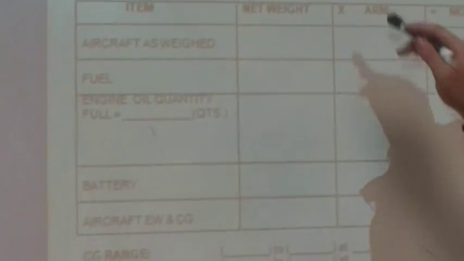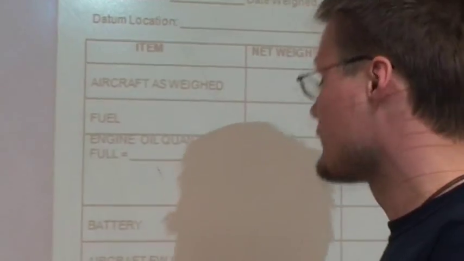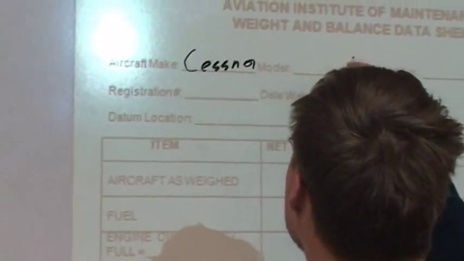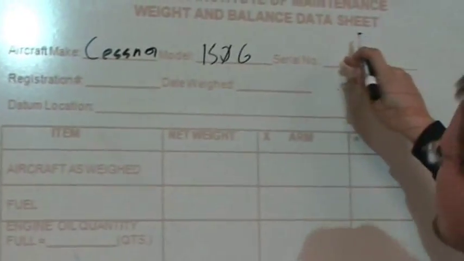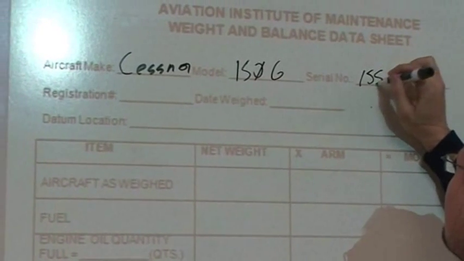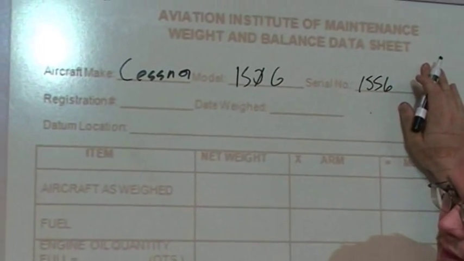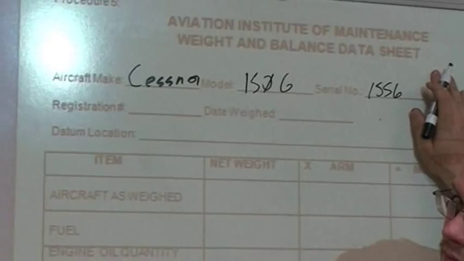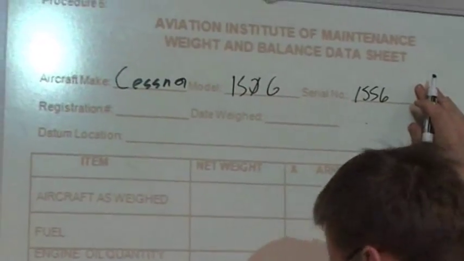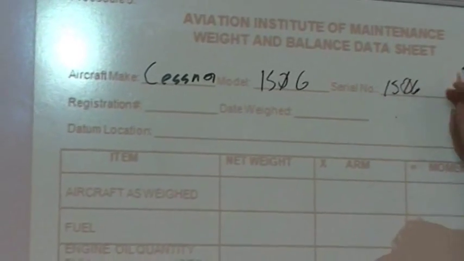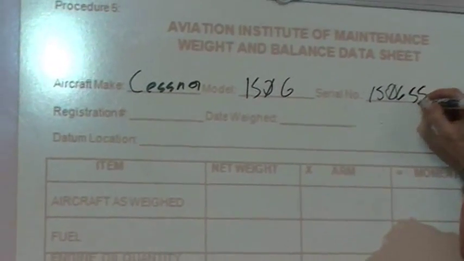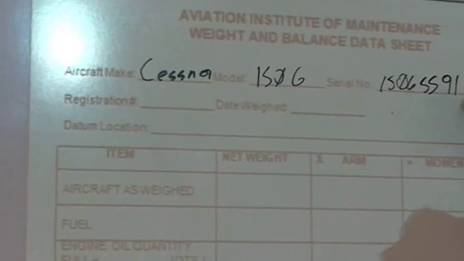Alright, so now we're doing the actual weight and balance data sheet. Once again, aircraft make is Cessna. The model is 150 Golf. The serial number is 15059 55911.